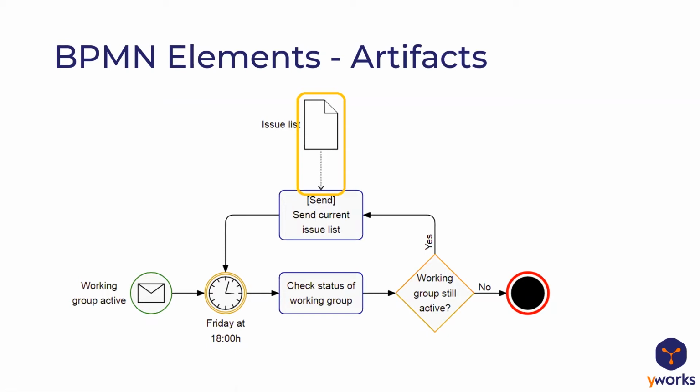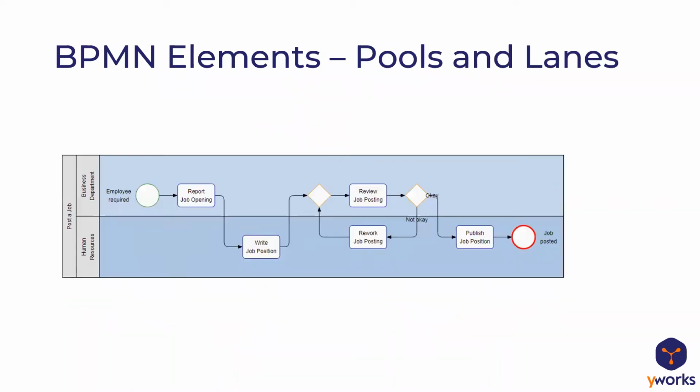In this example, the flow and the involved tasks are visualized, but it's not clearly visible who is responsible for the different tasks or who is involved in the process at all. So there are further elements that can be used, which are pools and lanes. Pools are these tables, and in those pools, each participant can be visualized as one lane.